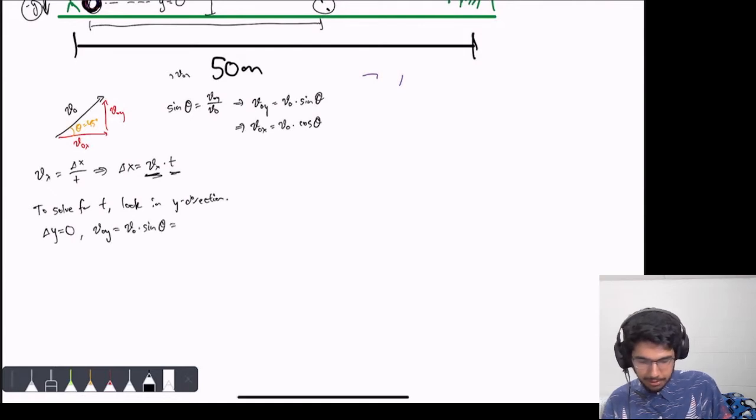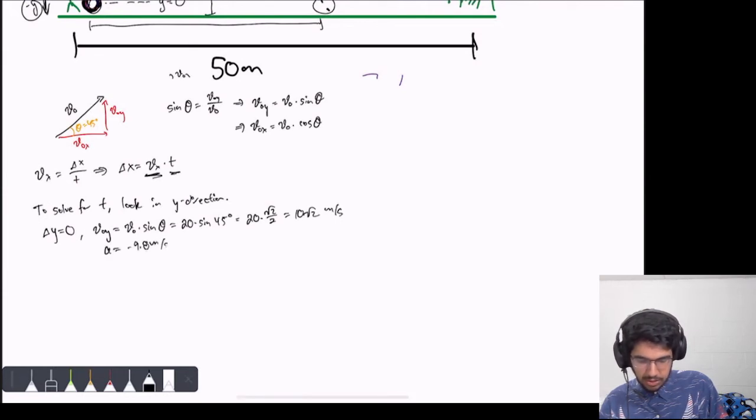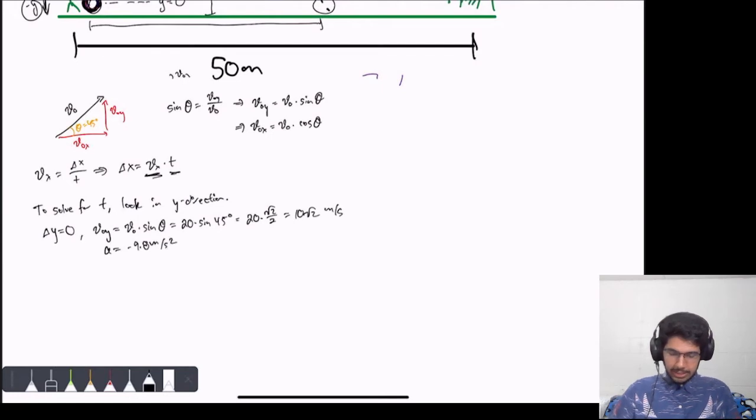And now I'll plug in some values. 20 times sine of 45 degrees, which is equal to 20 times root 2 over 2, which is equal to 10 root 2 meters per second. What else do we have? Acceleration equal to negative 9.8 meters per second squared, and time is what we're solving for.